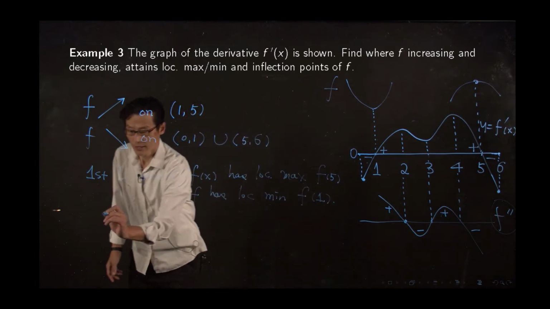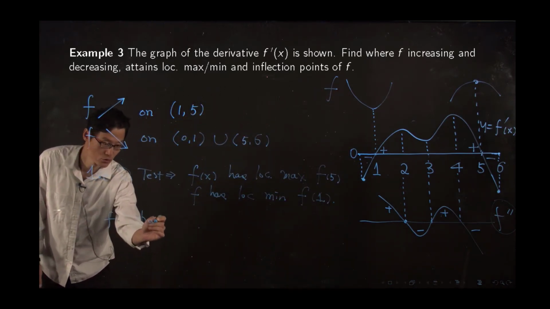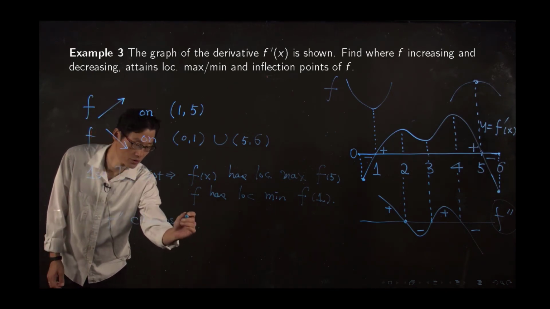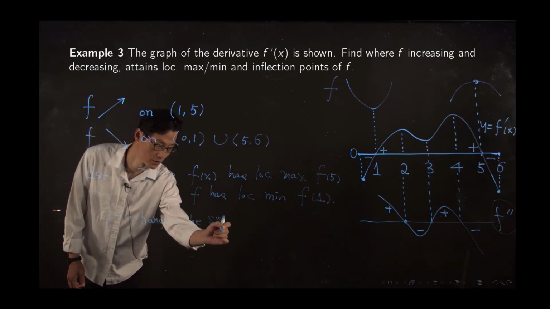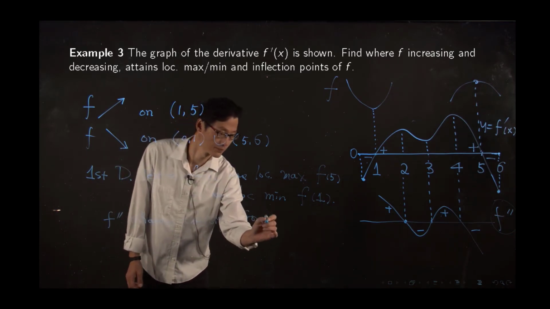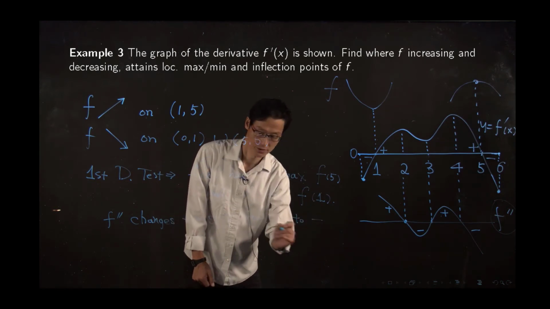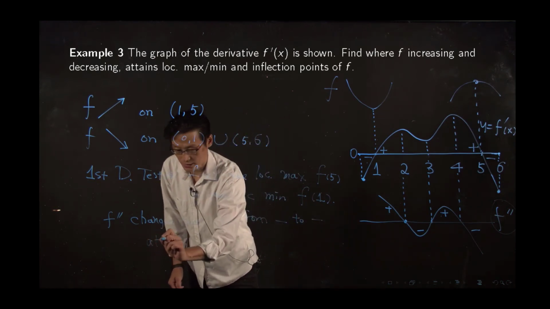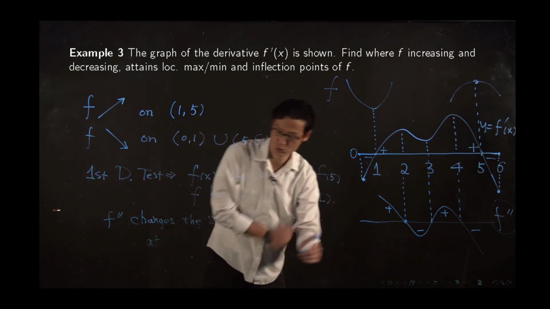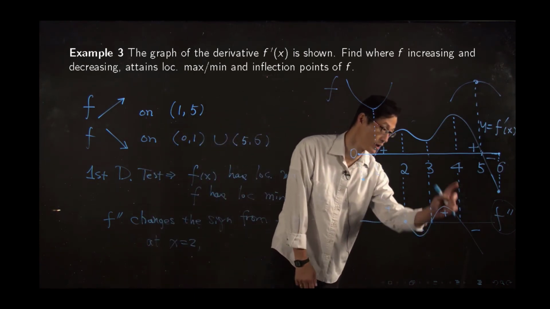So f double prime changes the sign from positive to negative at this point 2, then positive to negative at 4.